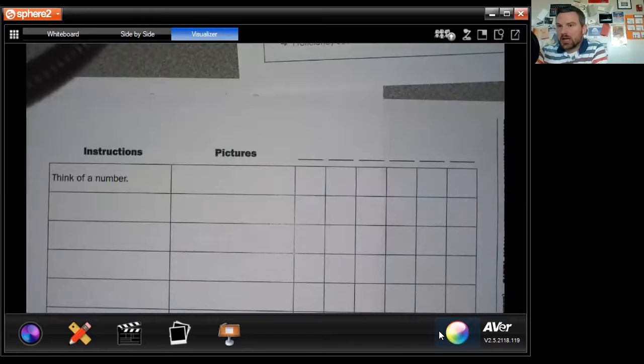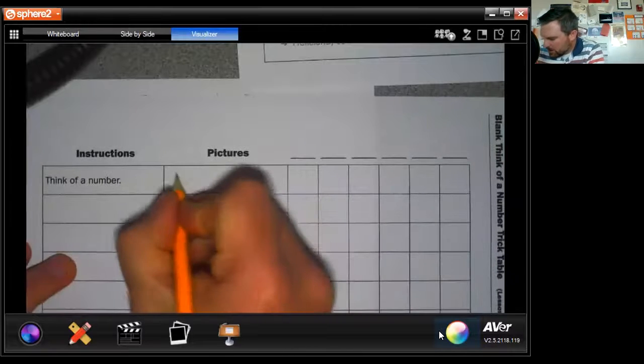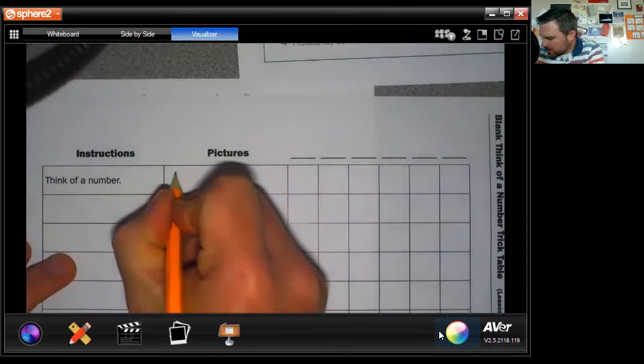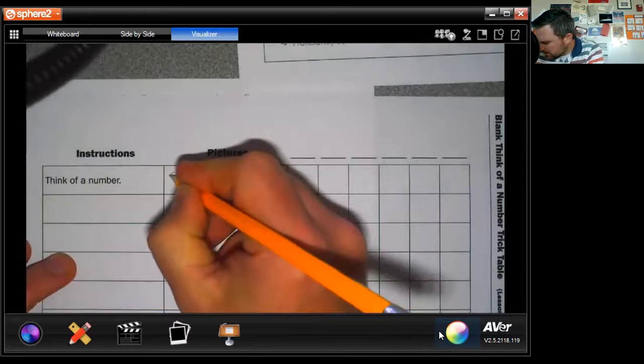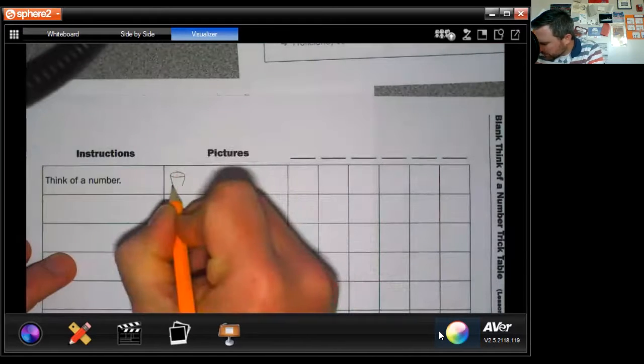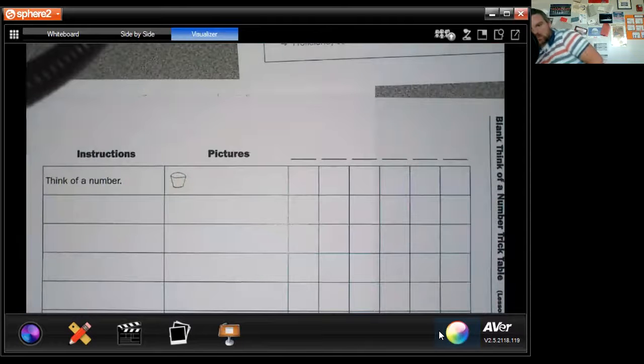A lot of times in algebra, we'll use a letter or a variable, which are the same thing. So just some object. In this case, our workbook uses a bucket. Okay, so we're going to draw a bucket. So I like to draw the ellipse and then the two sides and then the bottom. So this was the bucket, okay?